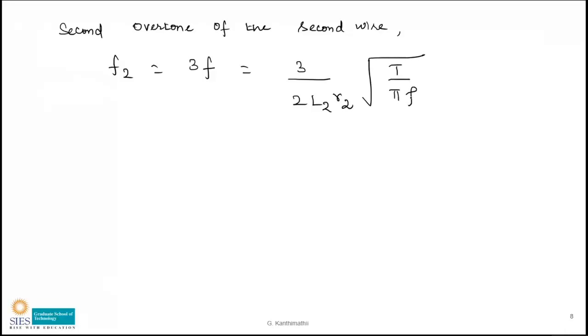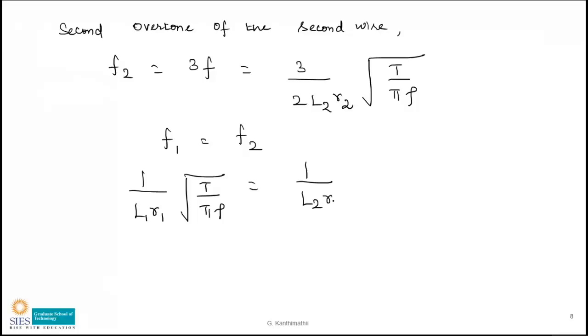So 1 upon L1 R1 square root of T by pi rho is equal to 1 upon L2 R2 into square root of T upon pi rho. Sorry, this is actually 3 by 2, right?